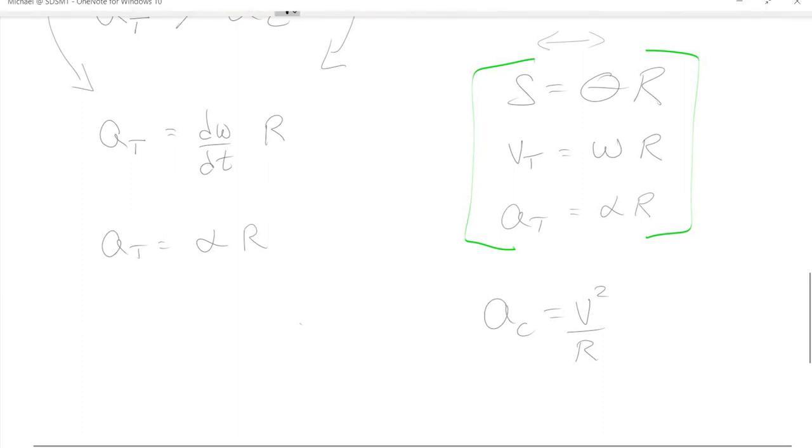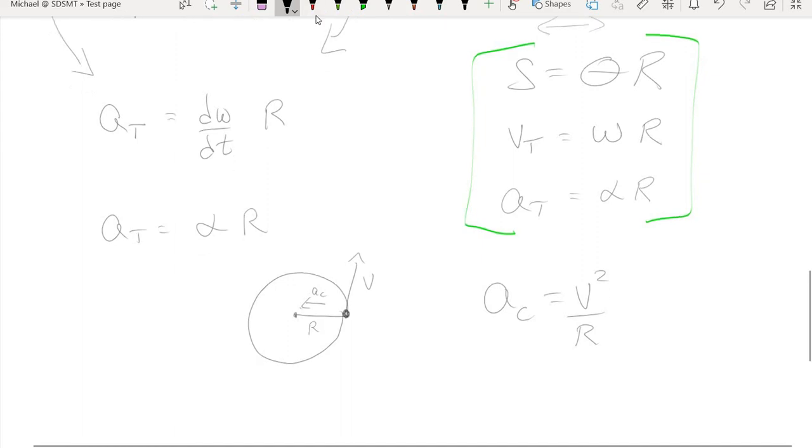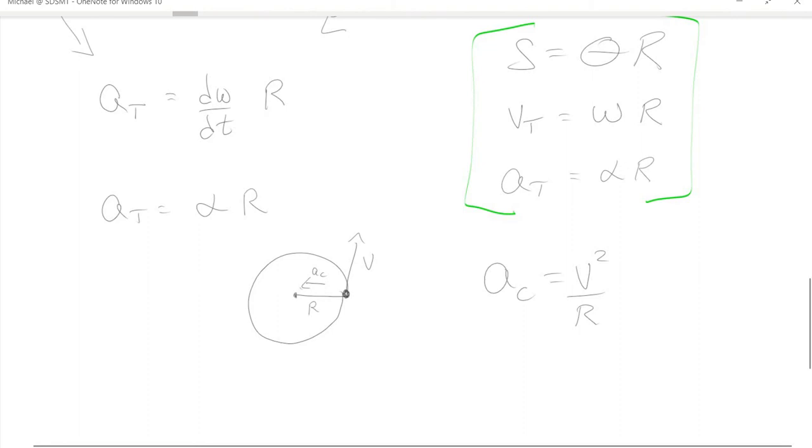Centripetal acceleration is supposed to be center-seeking, and it is based off of the speed and the radius that we travel around the circle. But now we're starting to call that speed the tangent speed. These are one and the same thing.